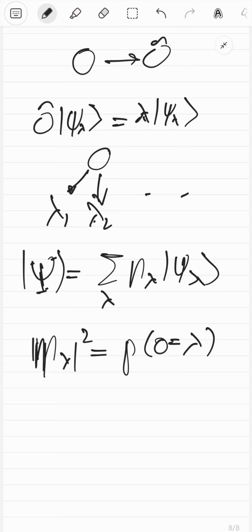And that's the postulate. That's one of the other important postulates of quantum mechanics. Right, so that's observables and their probability.